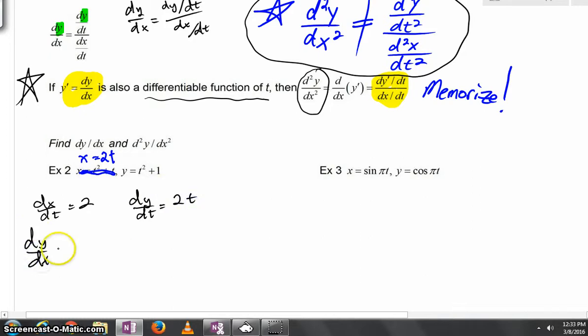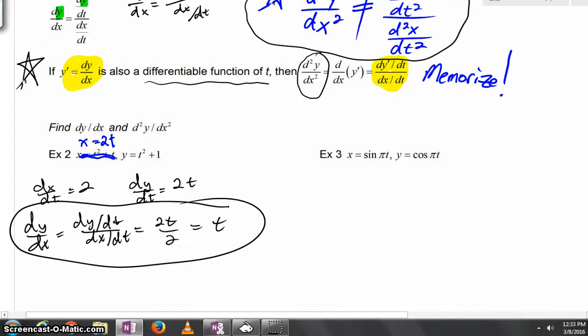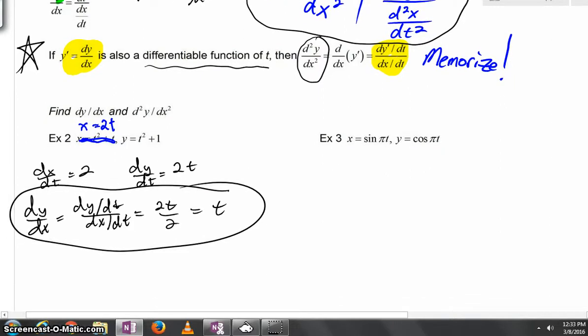What's dy/dx? Well, plain and simply, it's dy/dt all over dx/dt. So it is 2t divided by 2, which is simply t. So if you'd like to find the tangent line slope for any point, plug in that t value, and then you're fine.